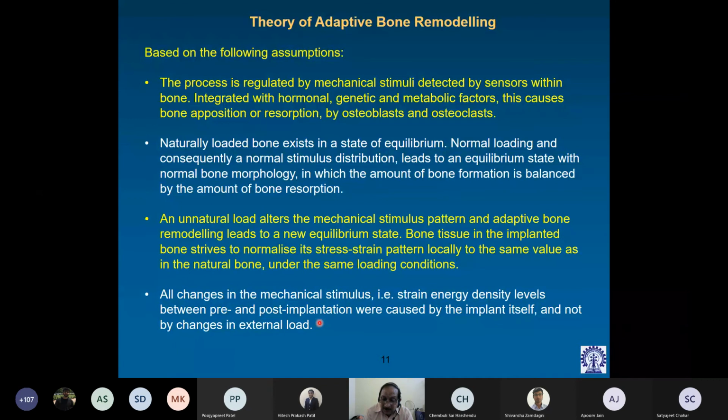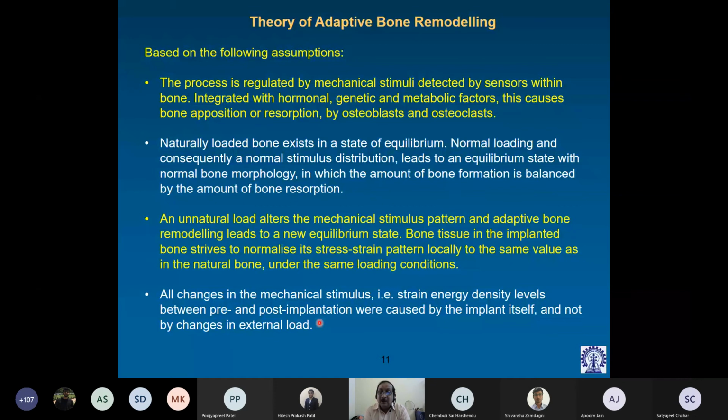Because the same patient, whether a student, an elderly person, or a middle-aged person, has been undergoing the same daily loading cycles in the form of physiological activities. So there is not much change in the loading condition the bone is subject to. But what then is responsible for this change in the mechanical stimulus? The change is mainly triggered by implantation. So this is an assumption.